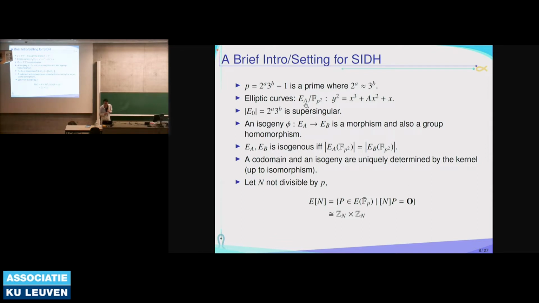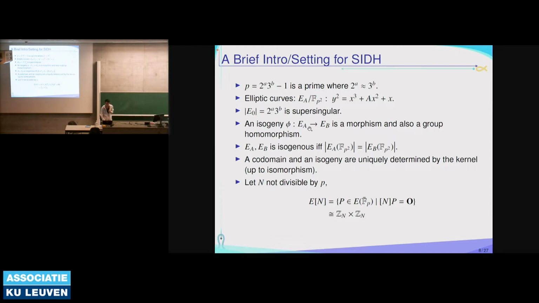And we consider the elliptic curves in the following form, which is the Montgomery form, y^2 = x^3 + x^2 + x. And when we take 0 here, there's a special curve that is supersingular, and the group order is 2^A times 3^B.